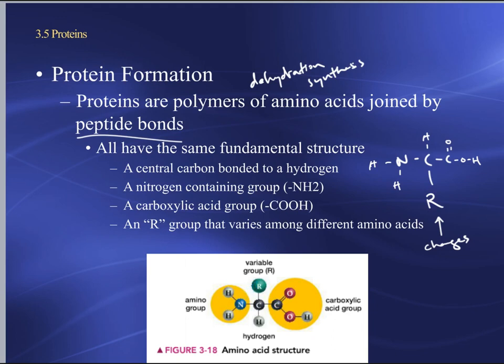If it wants it to be hydrophobic or hydrophilic or acidic or basic, whatever it needs it to be, it can add that particular R group there. But the backbone of it is still just this nitrogen, carbon, carbon, over and over again. We'll see how these form bonds with this hydroxyl part of the carboxyl group and this amino group here later on.